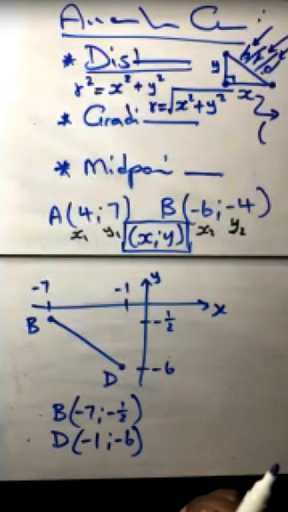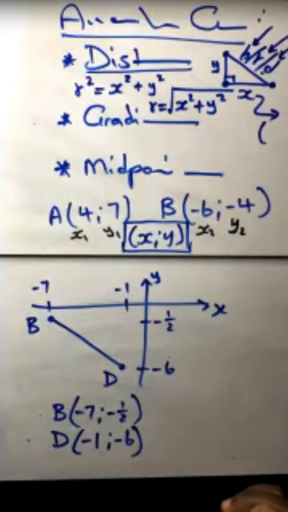Shreyas, which ones are the second values? Which ones are the first values, and why? So for B, it would be -1/2 as our x value and -7 as our y value.